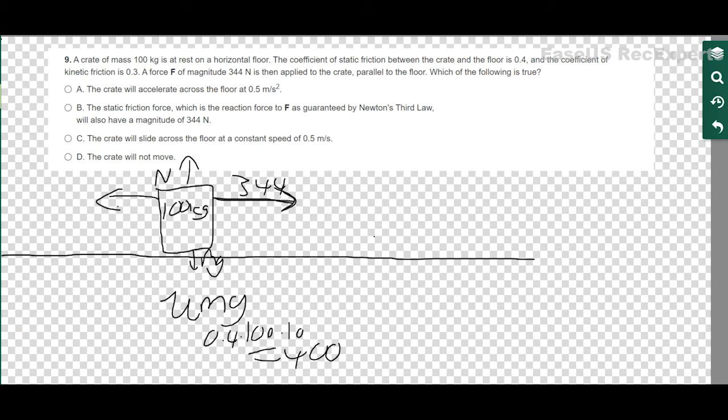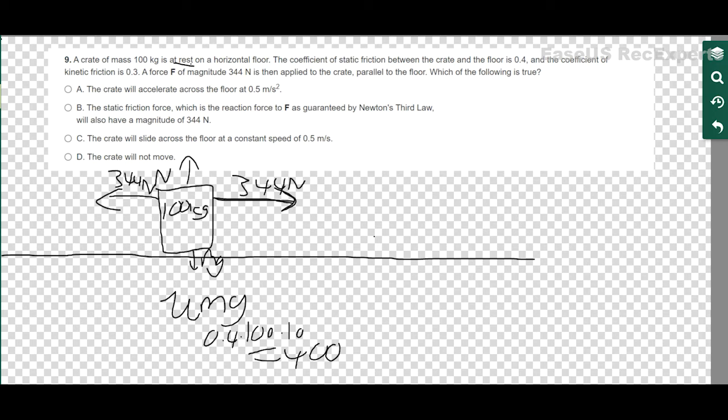So this would not be 400, it would be 344 newtons this way, because it is a reactionary force. Now, this means that the object would still stay at rest because you're initially at rest and you do not break past the static friction barrier.